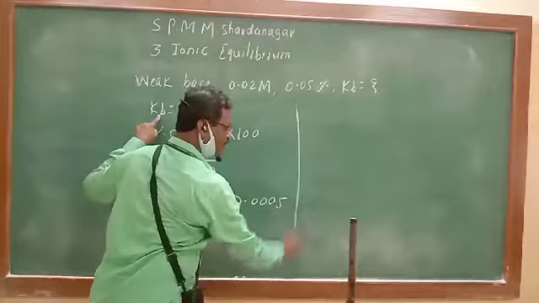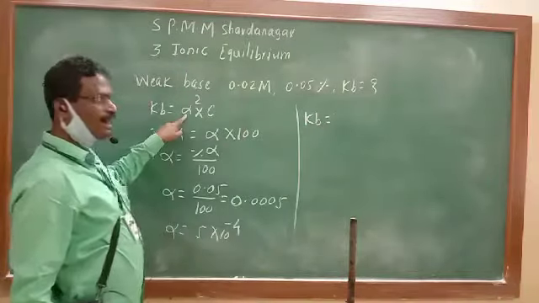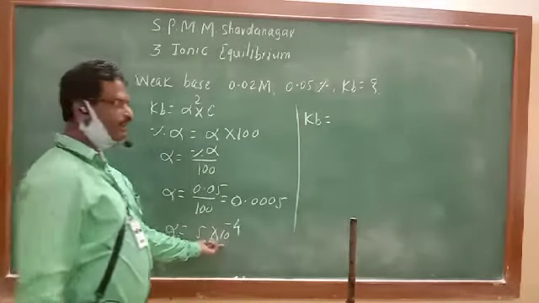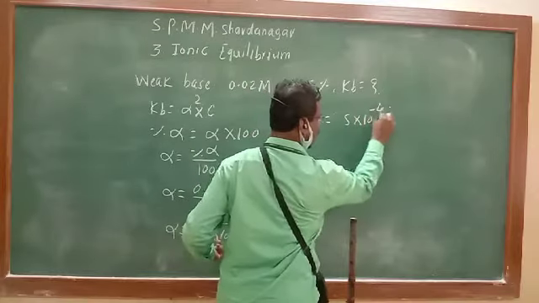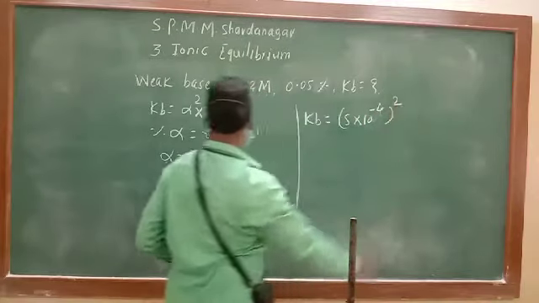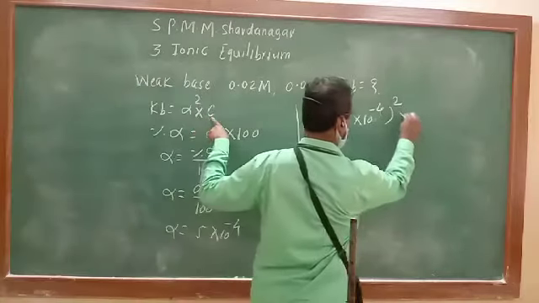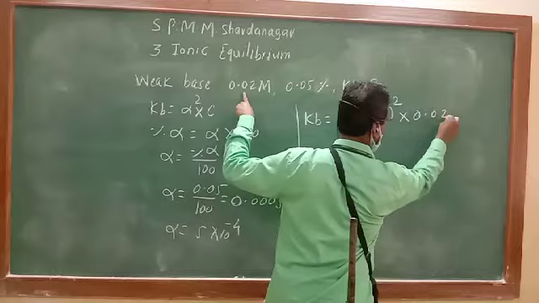So substituting there, Kb will be equal to alpha square C. Alpha is now 5 into 10 raised to minus 4, squared, into the concentration, that is 0.02 molar.